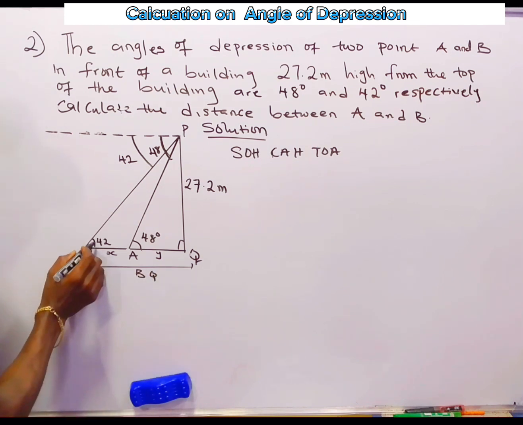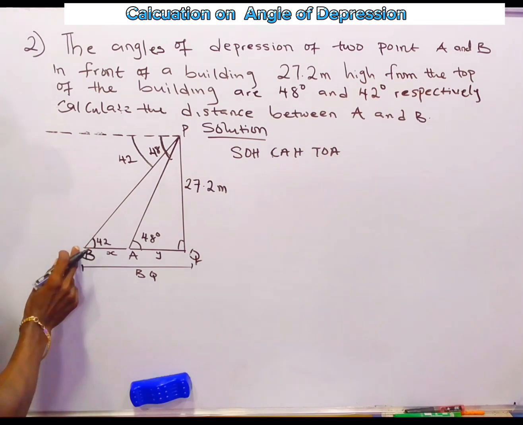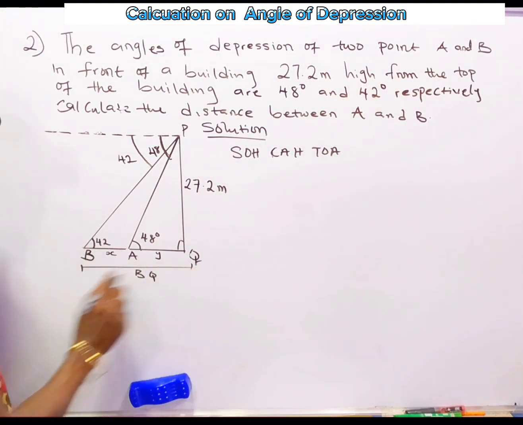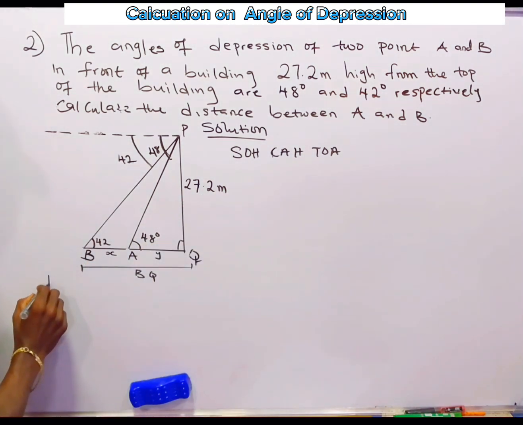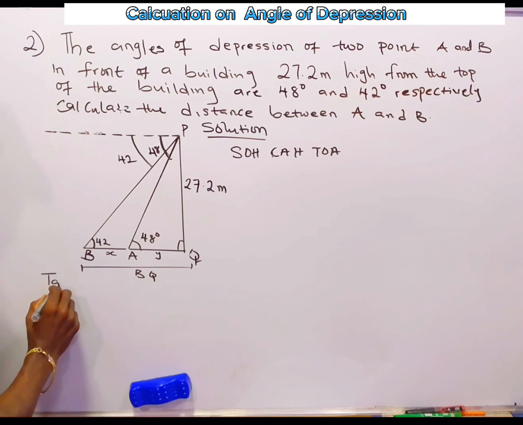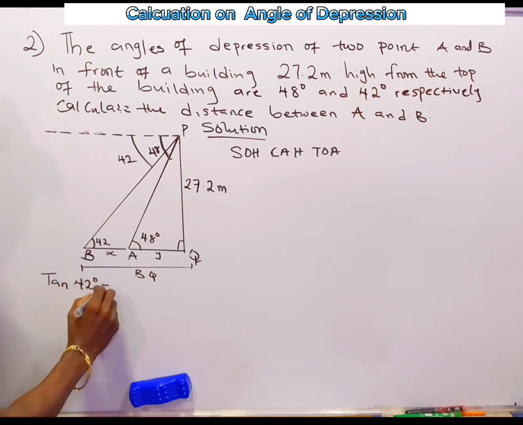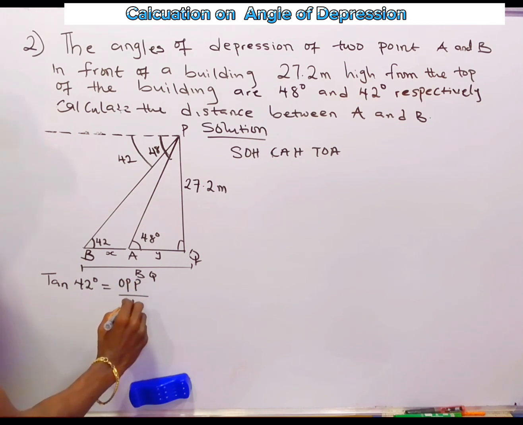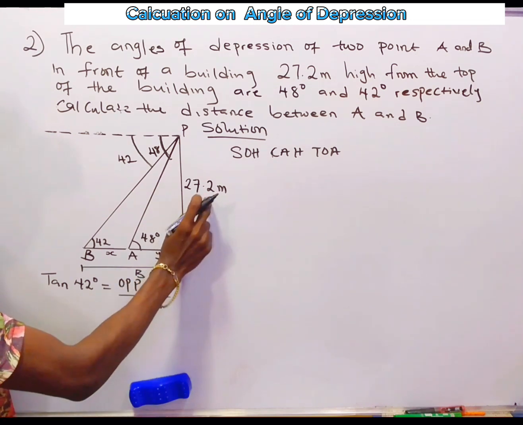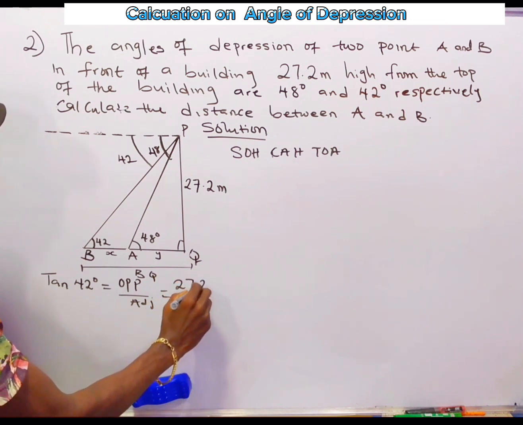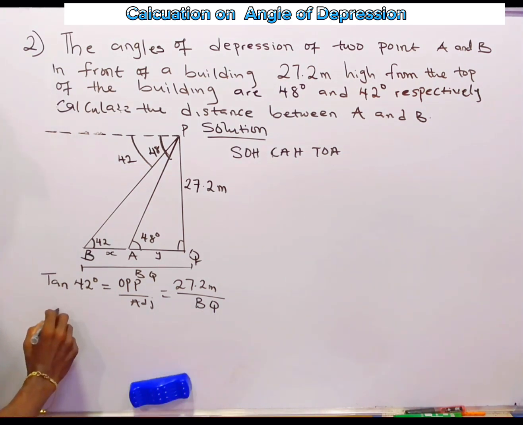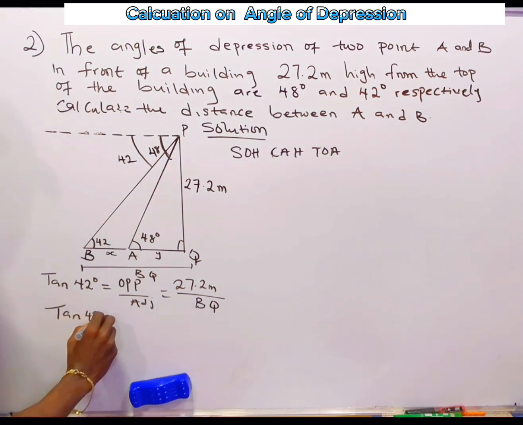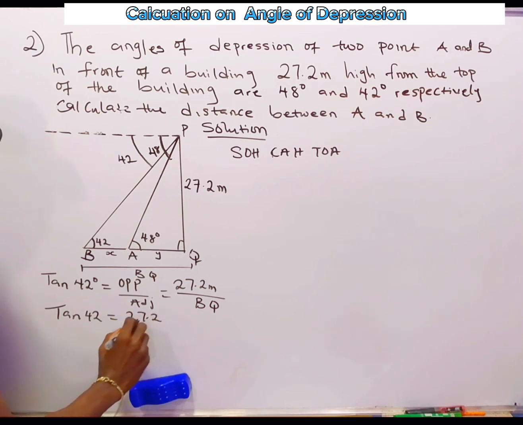Total distance BQ will be gotten from angle 42 degrees, because angle 42 covers length BQ. We'll say opposite over adjacent, which is TOA. tan 42 degrees is opposite over adjacent, and opposite is the height, 27.2 meters, over adjacent, let's call it BQ. So tan 42 will now be 27.2 over BQ.